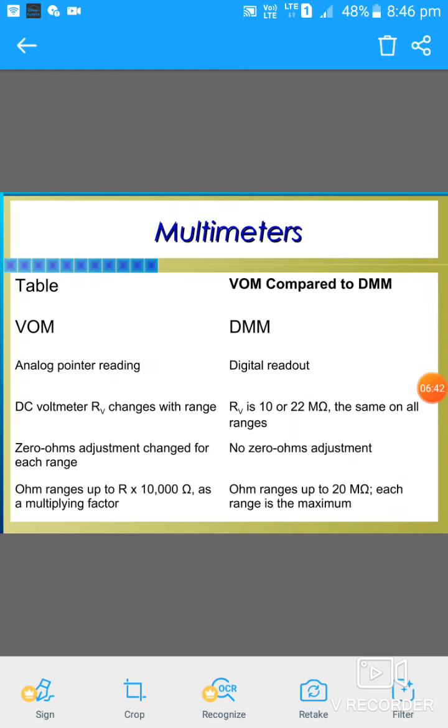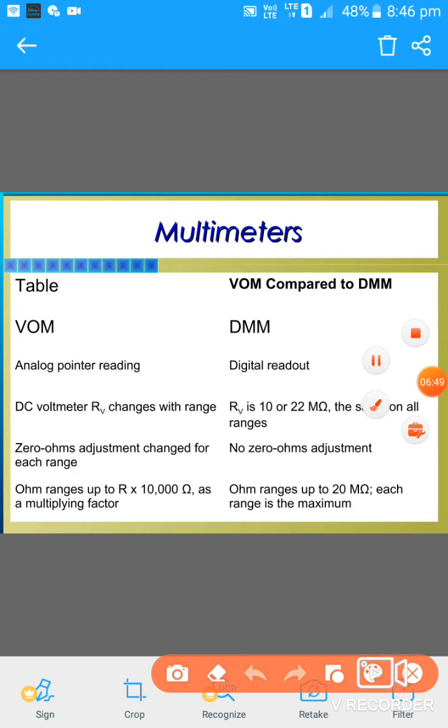In the comparison of the volt ohm meter and the digital multimeter, the volt ohm multimeter has an analog pointer reading and the digital multimeter has a digital readout.